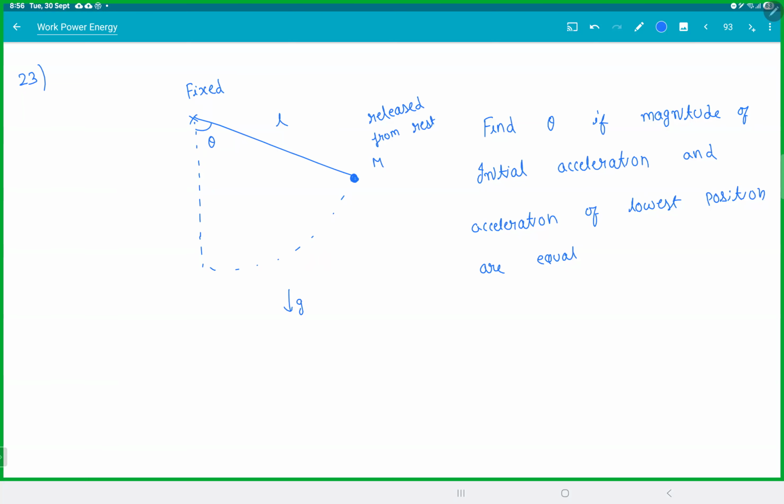So when you release from rest, there'll be some acceleration. When it reaches the lowest position, there'll be some acceleration. And they're saying these two are equal. Then what is theta? I'm asking what is theta?